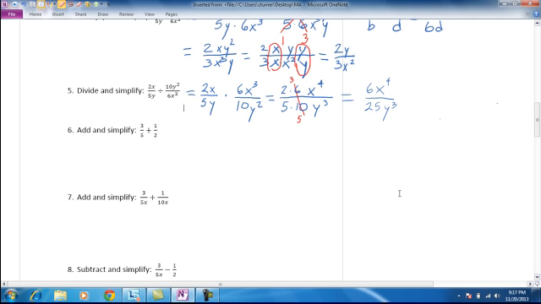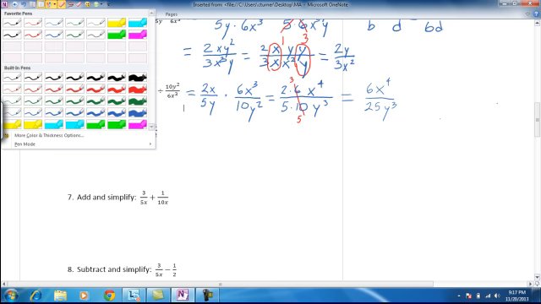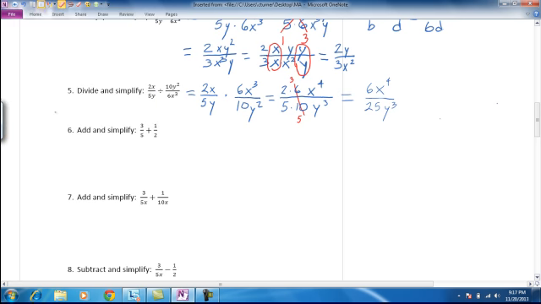These next couple problems are a little bit different. The rest of the sheet, I've got 3 more examples for you. 6, 7, and 8 are all either addition or subtraction. Now, with addition and subtraction, unlike multiplication and division, we do have to have a common denominator. So, remember, when you add fractions, a over b plus c over b is a plus c all over b.